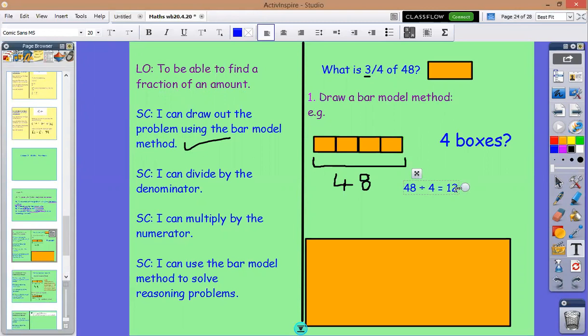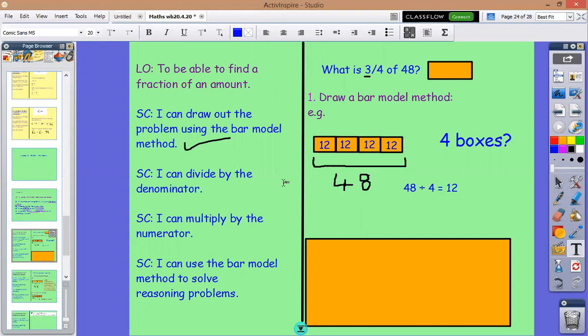So I now know that 12 is in each of these little boxes, which I'm just going to put here, because that represents one box. So 4 12s are 48, and each box is represented by 12.